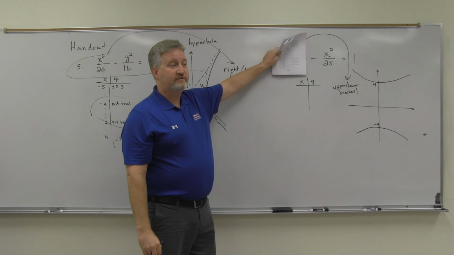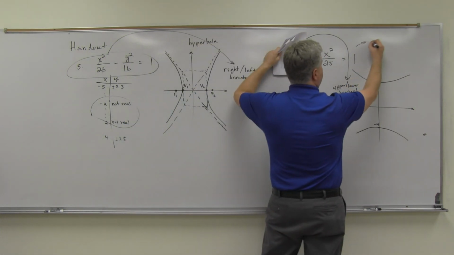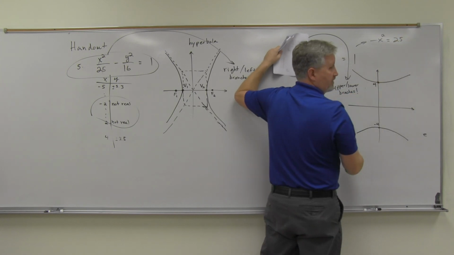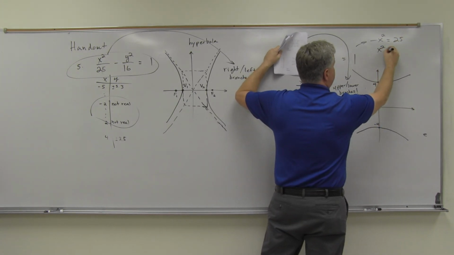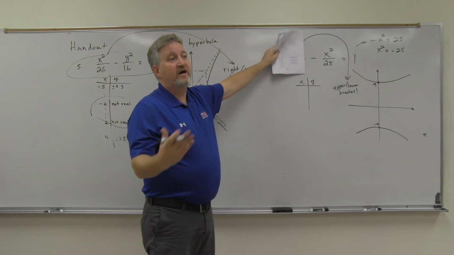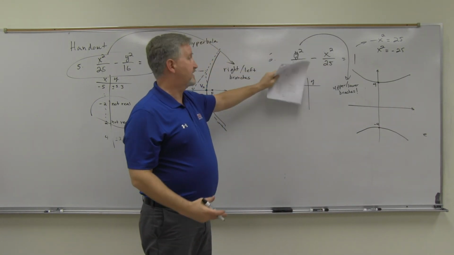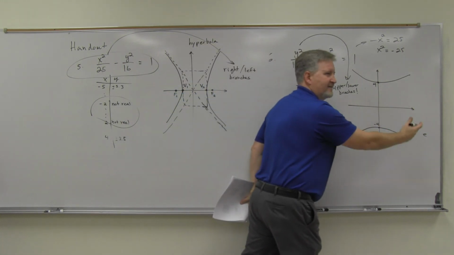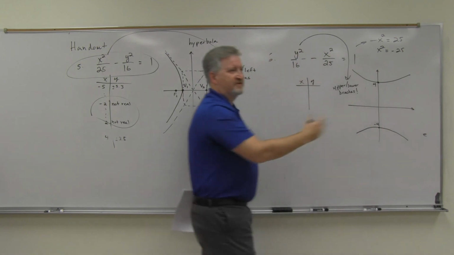Is that solvable? That's negative x squared, multiply both sides by 25. Negative x squared equals 25, divide by negative 1, x squared equals negative 25? No. That's not solvable, right? Or it's not real numbers. So there are no x-intercepts on this one, you see. There are y-intercepts, but there are no x-intercepts.